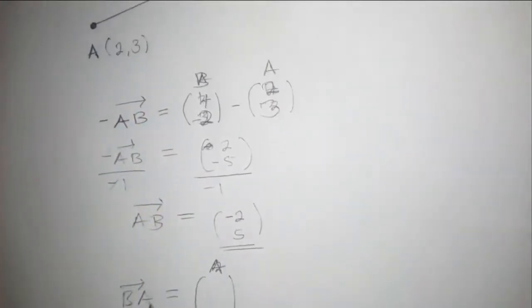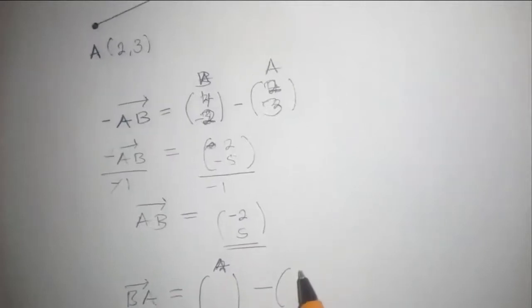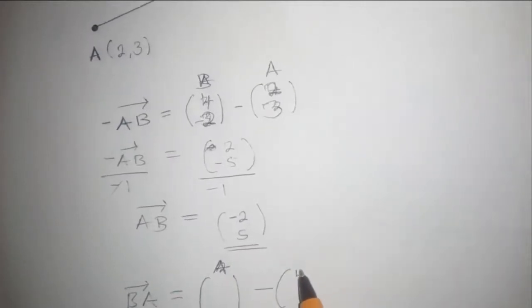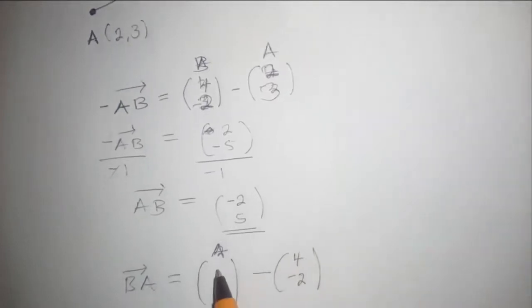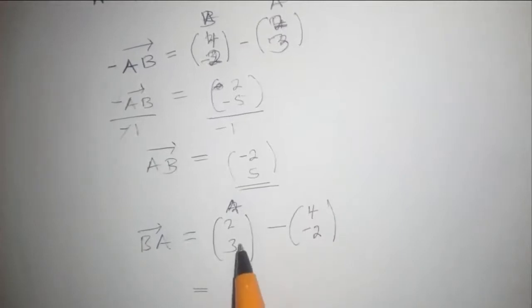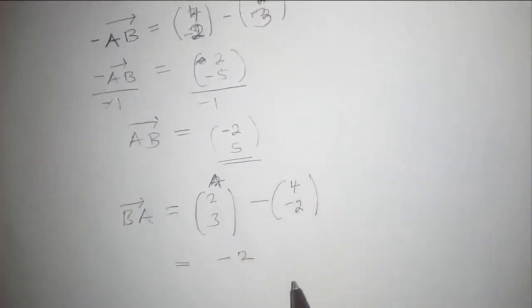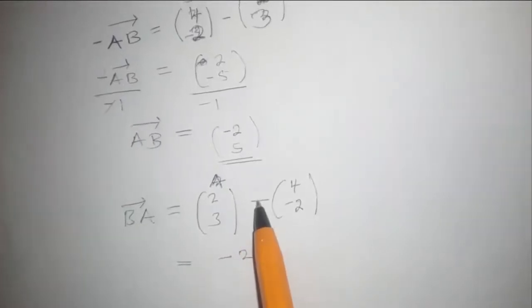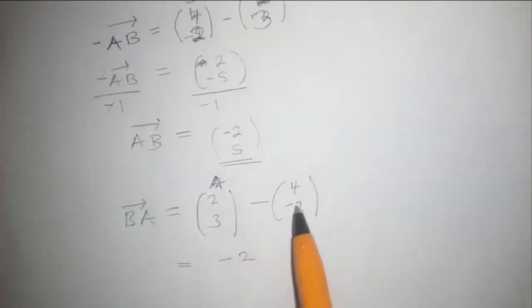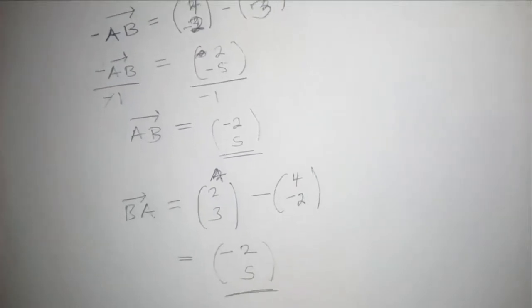Here, good. Because it's the one which is finishing here. Minus the coordinates of B. The coordinates of B are 4 and negative 2. So this is 2 and 3 here. So when we work out things here, we find that here we have negative 2, and negative and negative will be positive. When we add them, we have 5. So this is how it will look.